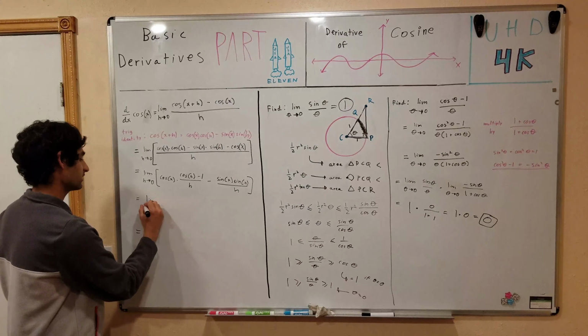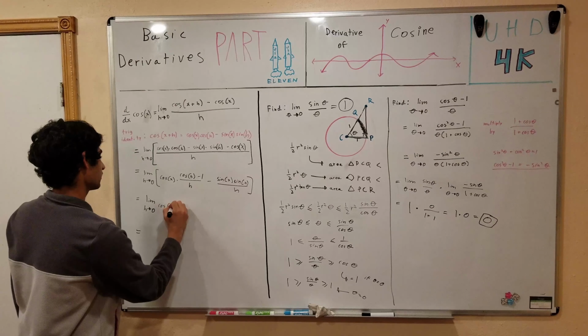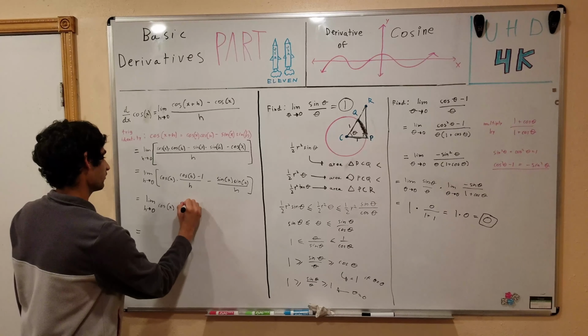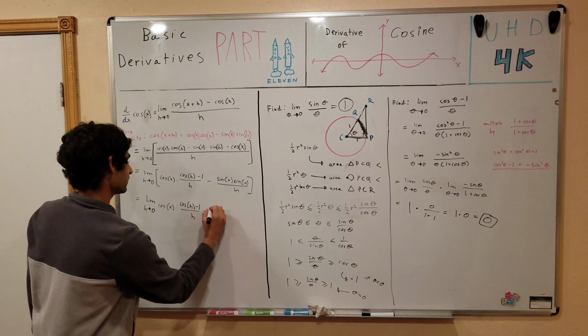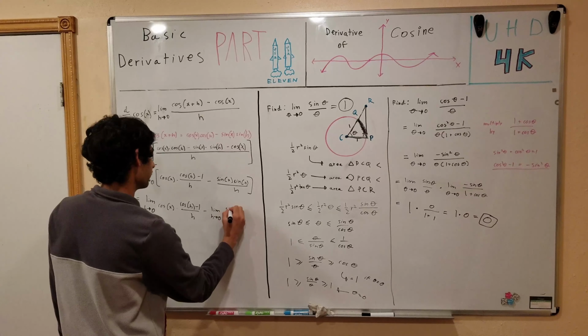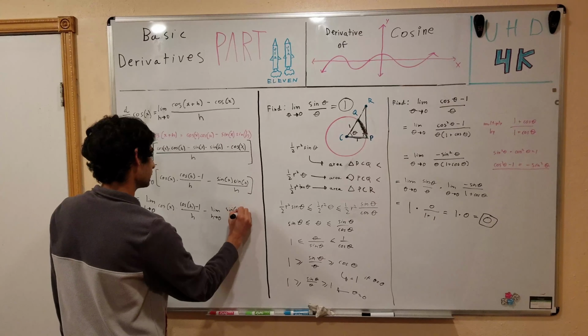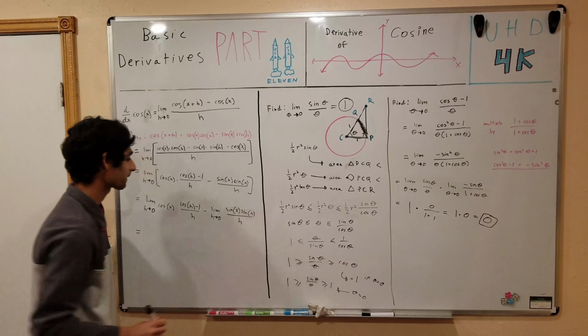So limit as h goes to 0 of cosine of x times (cosine of h minus 1) over h, minus the limit as h goes to 0 of sine of x sine of h divided by h.